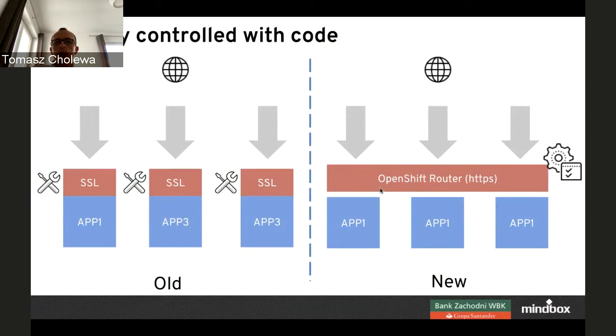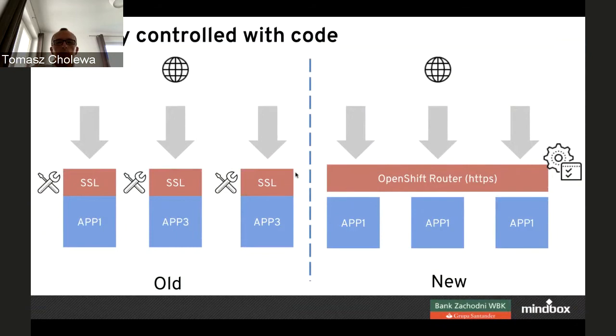So we quickly realized how easy it is on OpenShift, because if we had gotten similar security scanning reports with the old world approach, we would have had to change HTTPS settings on each application separately.